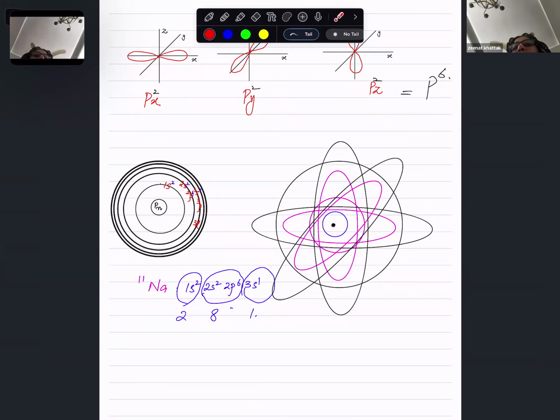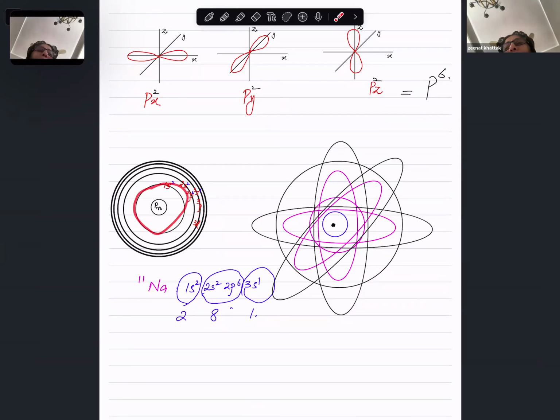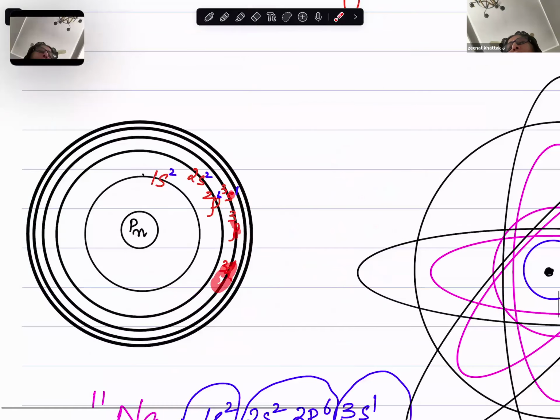Look, the first quantum shell contains one s; the s subshell and the s orbital are the same. The s is the same, but p is what? p could be px, py, and pz. And then 3s, and then 3px, 3py, 3pz. Look, 2 electrons, and then 2, and then 6, and then 3s, 3p, and then 3d, like this.